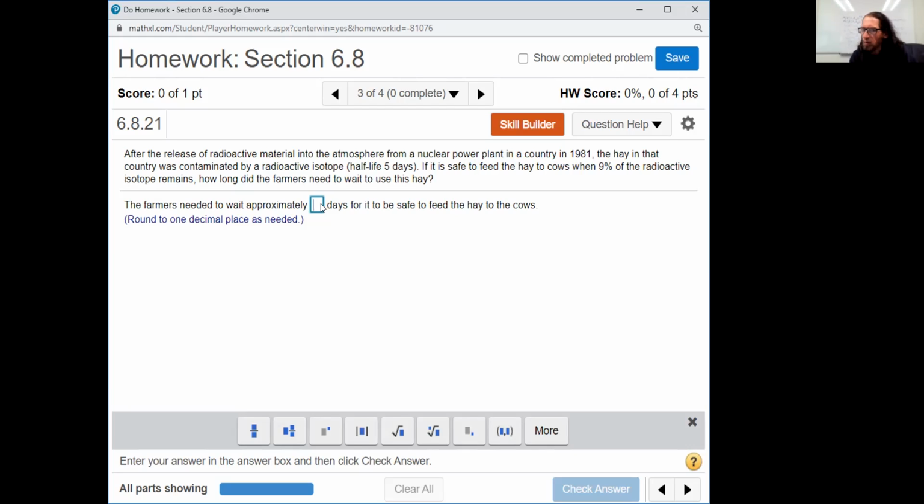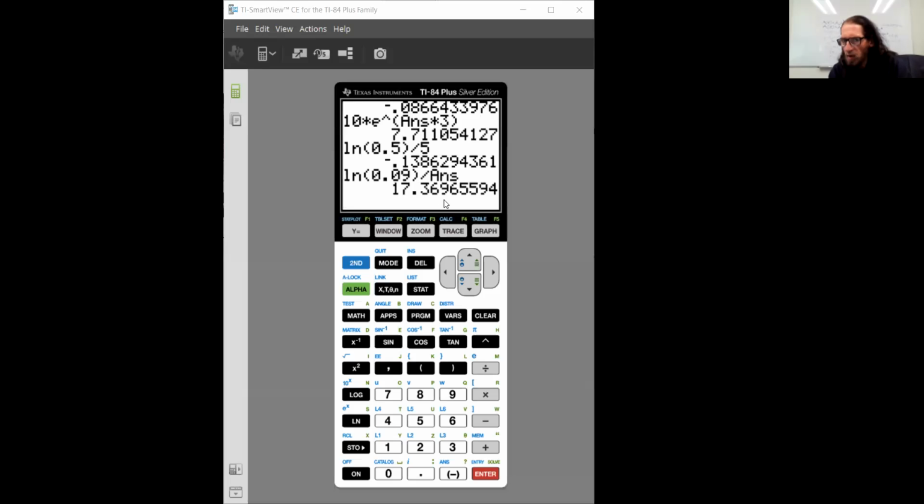Now I can see the calculator again. So that would round up to 17.4 days. Let me just let you see that again for a moment. Because in the hundredths place, 2 places out, we've got a 6. That's going to round that up. So we're going with approximately 17.4 days.